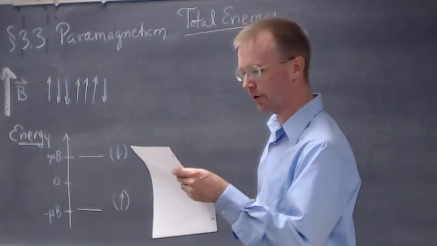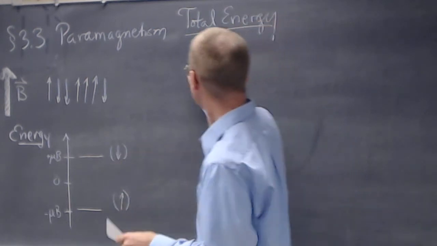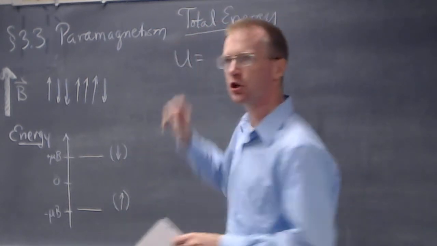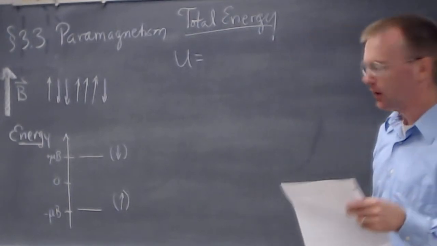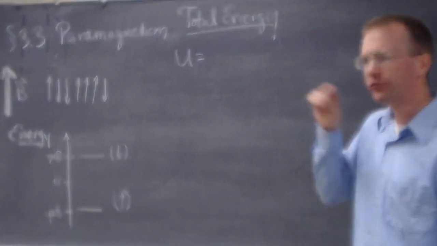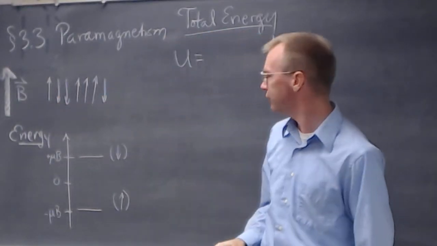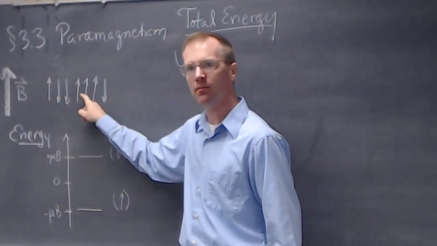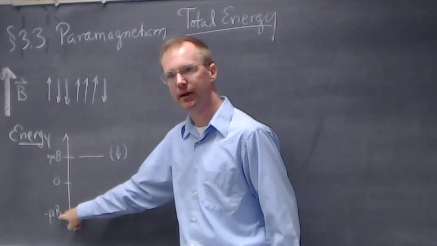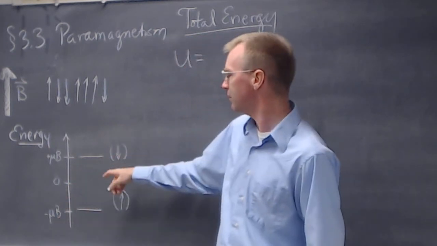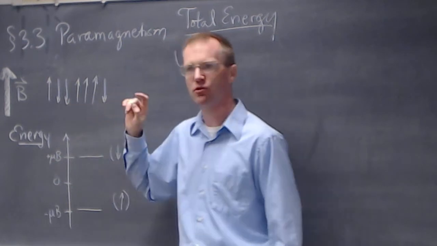Okay, the total energy is U. Well, let's say we have capital N of these dipoles. Some number of them are pointing up and have this energy, negative μB, and some number of them are pointing down and have this energy, positive μB.